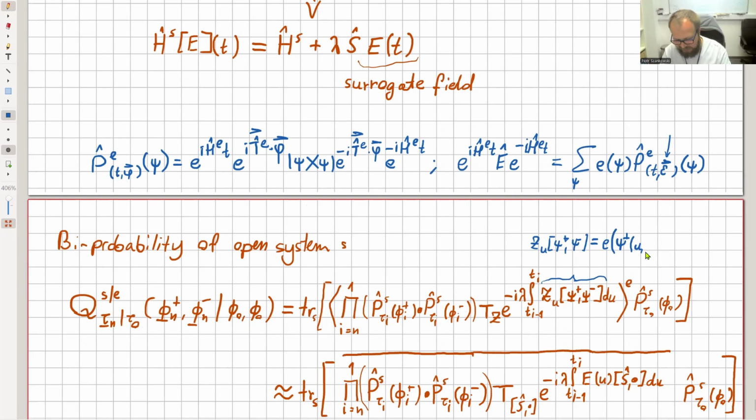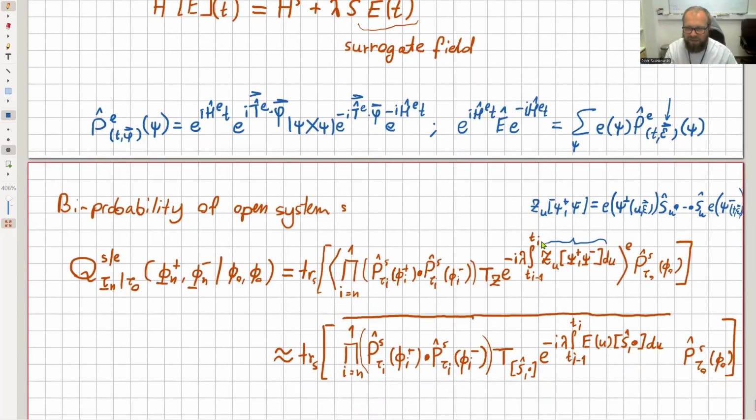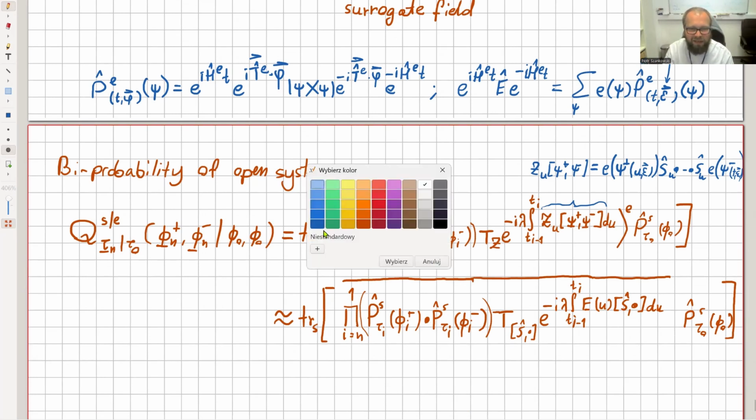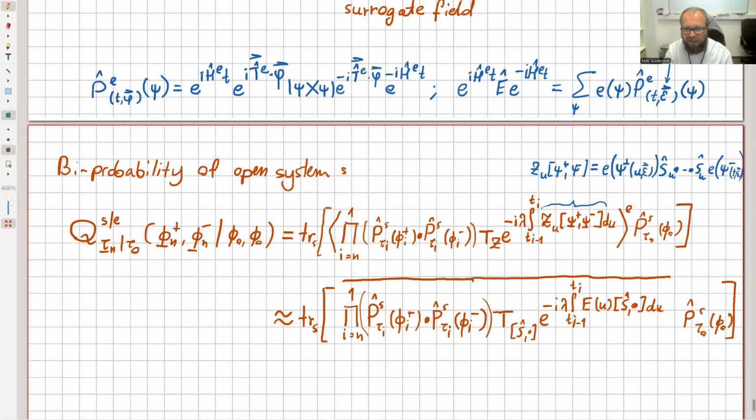When we have this, then our z dynamical variable can be written as SU bullet minus bullet SU. And here we have E psi minus of T epsilon. So this is a standard definition. Again, these guys here are projectors.